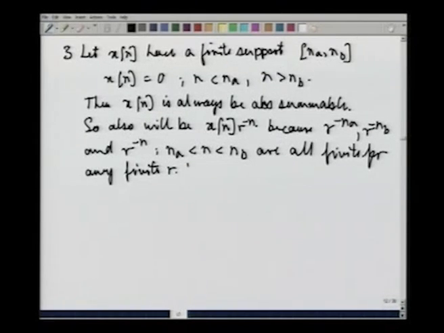Hence, the ROC is the complete finite z plane.